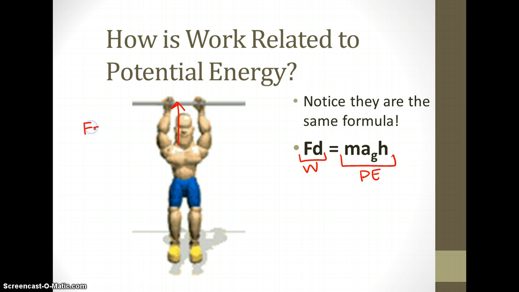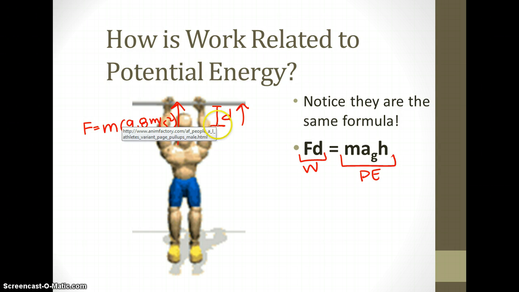So his force equals his mass times 9.8 meters per second squared. The distance that he gains tells us how high he ends up being. He applies this force for some distance all the way up to the top of the bar, and that's his work.